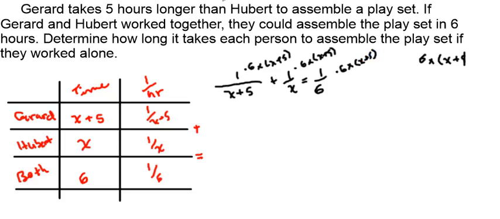So I'm going to multiply each of these by that common denominator. So now we're going to look for stuff that's common in what we multiplied by and the original denominators we had set up here. So I can see X plus 5 is going to cancel here. X will cancel in this expression, and 6 will cancel right here. So that's going to leave me with 6 and X in the top of the first one. It's going to leave me with 6 outside of X plus 5 in the second one.